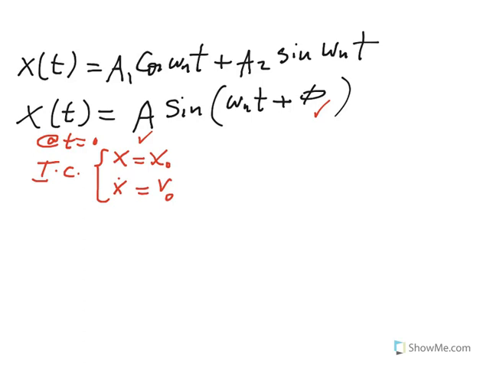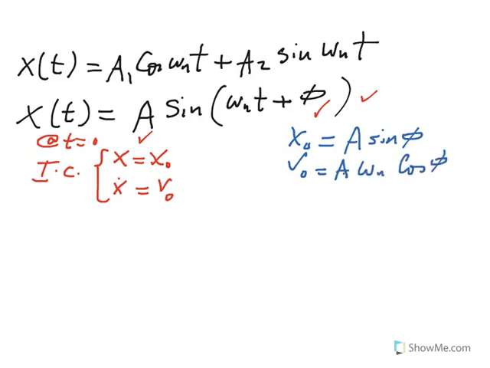Without going through the detail now, because this would be really easy, if you just plug in x0 in this equation here and set t equals 0, actually, I can write it down for you. x0 becomes A sine phi easily, and v0 becomes A omega n cosine phi, and then by just some manipulation of the equations, you can get the two constants that you want.